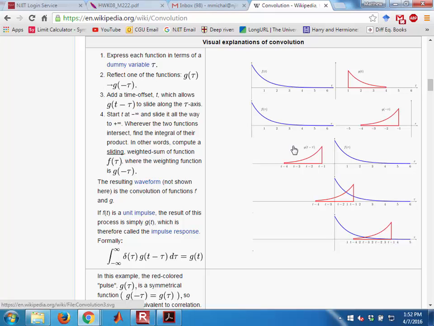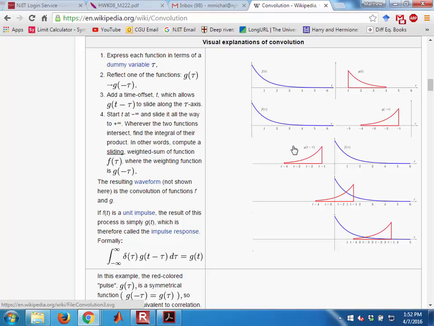But we've seen a similar form before, f of t minus a, right? What is happening to the function f?